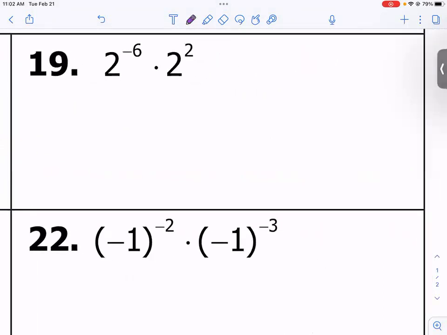Okay. Now, number 19. Ooh, what do you notice? There's a negative. Does that change what we do? No, it does not. We are still multiplying with the same base, so we're going to keep the same base and add our exponents together. Ryan, what is -6 plus 2? -4.